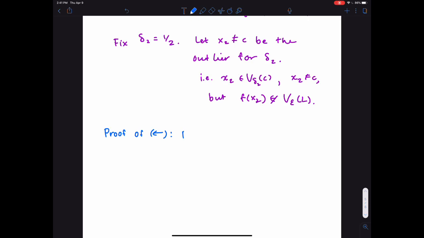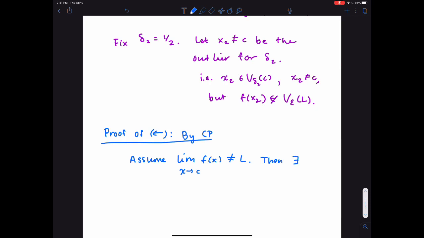And again, this is by contrapositive. So we're going to assume that the limit as x goes to c of f of x is not L. Then remember what that means.